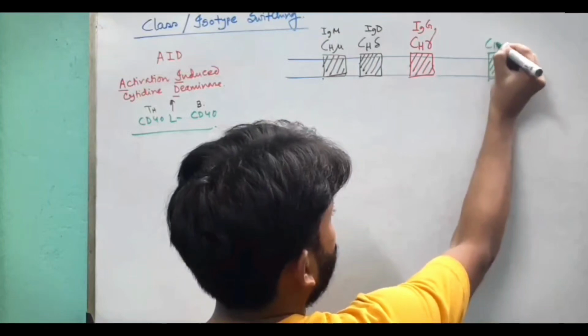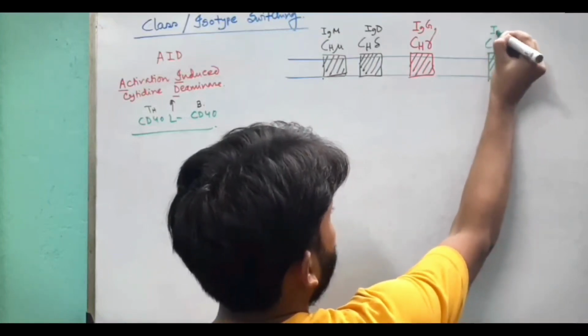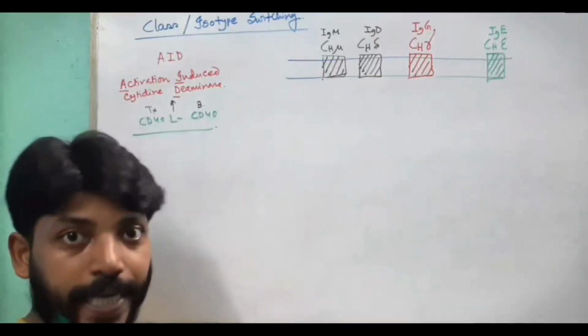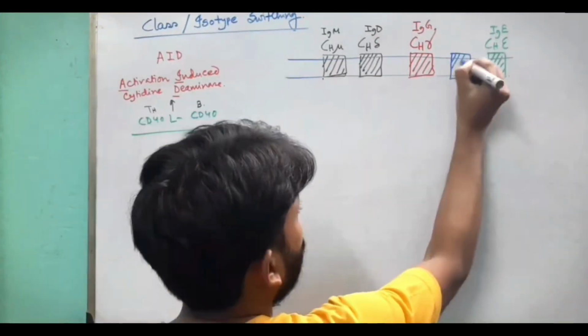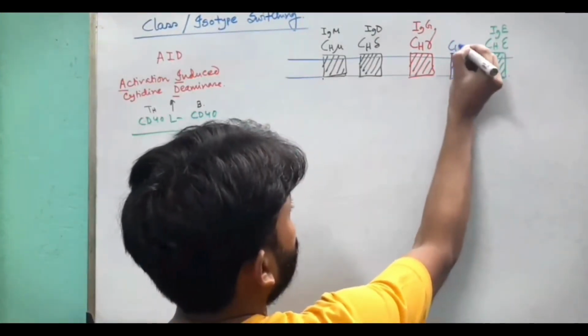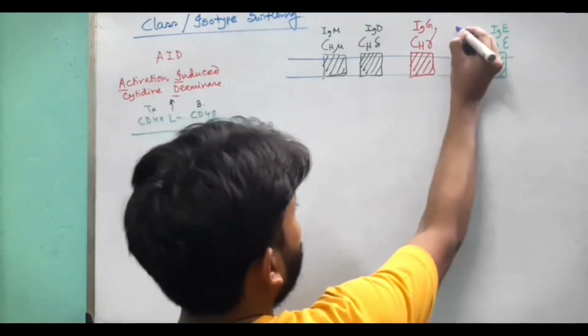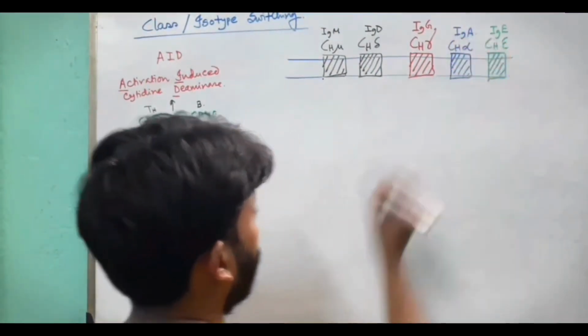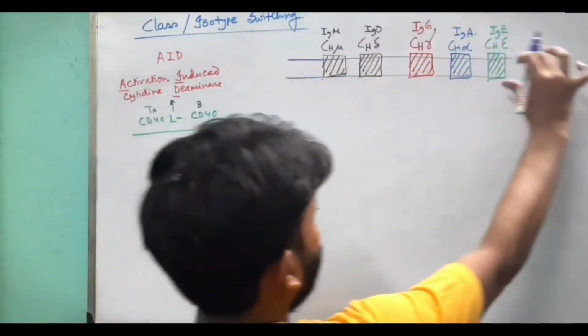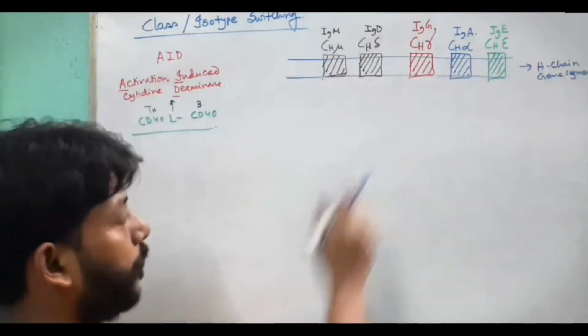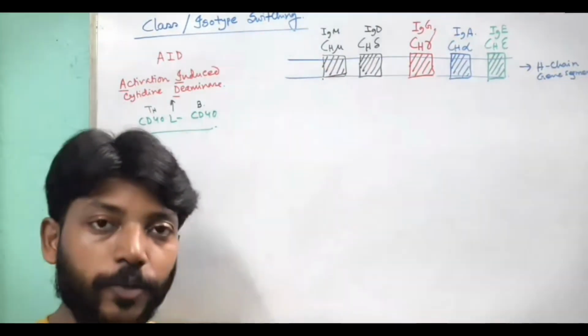So it is the constant heavy for epsilon, that means IgE antibody will be produced from this constant heavy region. And this is the constant heavy for alpha, that means IgA antibody. This is the heavy chain gene segment, okay. And in this segment, there are five constant heavy regions present.